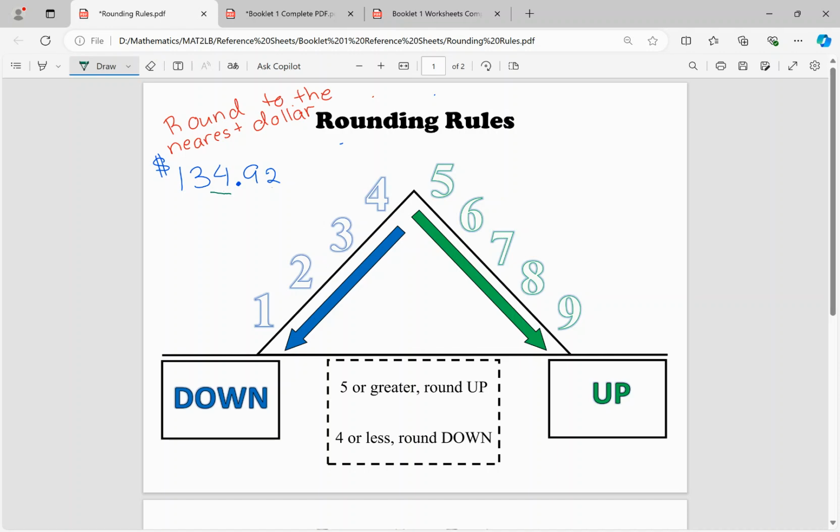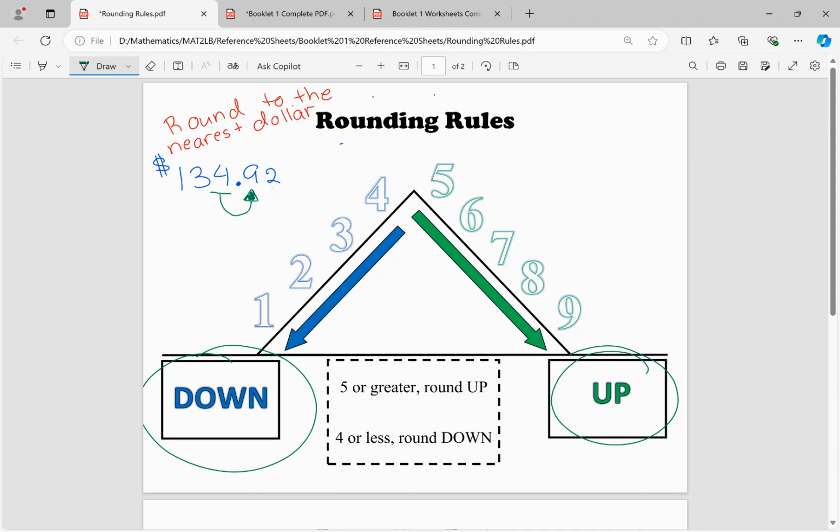Now, when you are rounding, you have 2 options. You can either round up or you can round down. Now, deciding whether we're rounding up or down, we actually need to use a number to help us that is not the 4. We are going to be looking at the number after the 4. So I'm drawing a little arrow from the 4 to show that we're using the 9 to help us.